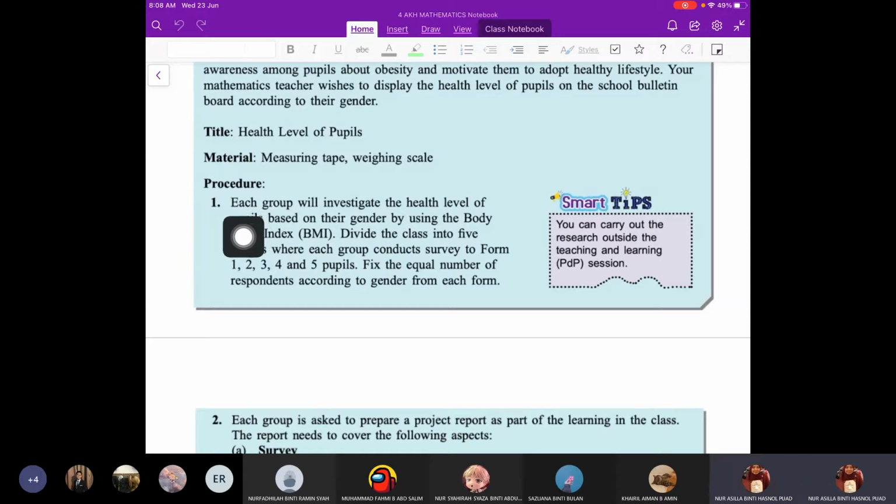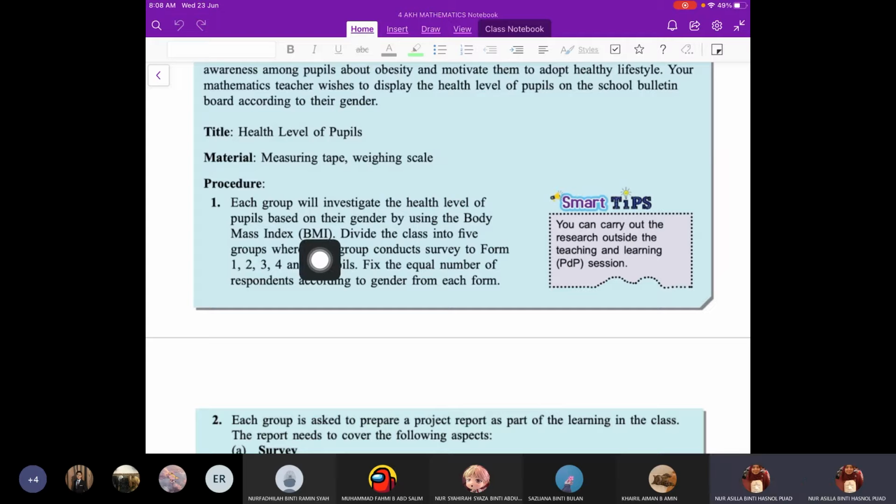So procedure you kena layout what you will do. Okay, so each group here maksudnya ini saya punya report procedure untuk cikgu. So saya akan ada buat 5 group. Each group will investigate the health level of pupils based on their gender by using the body mass index.